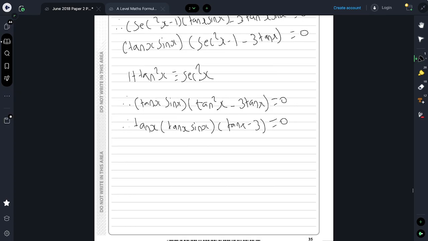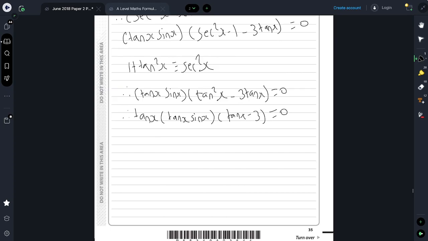We cannot do anything more with that, so let's equate each part to 0. So tan x sine x is 0, so tan x is 0 or sine x is 0. But we already know tan x could be 0, so we're solving these two, or tan x equals 3.